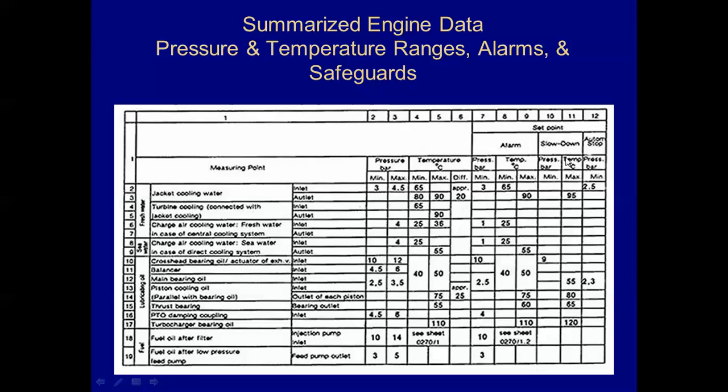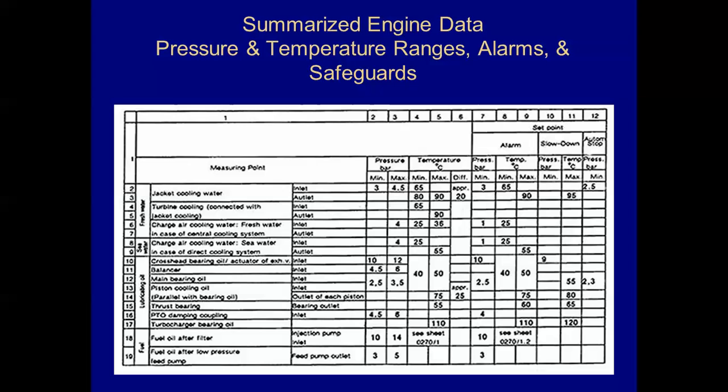When you get on a ship, you want to know what your normal pressures are, especially for the main engine, what's abnormal, what will cause a slowdown, what will cause an automatic stop, because you're going to have to reset this engine, and you're going to be down there by yourselves. So you need to know what to look for if all of a sudden the main engine shuts down while you're out at sea. It's very important, especially for the main engine, that you know your normal temperatures and pressures.